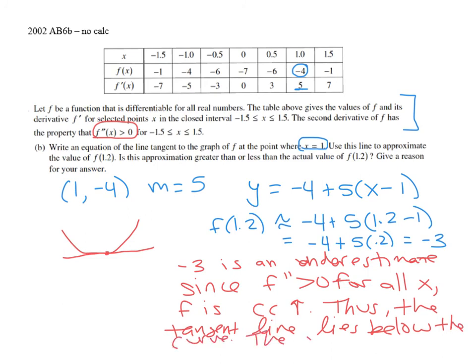The y value is an underestimate. Running out of space. Oops, I hit a button. Underestimate. That's supposed to say underestimate. Sorry, there's a button in the way. I can't type it or write it.